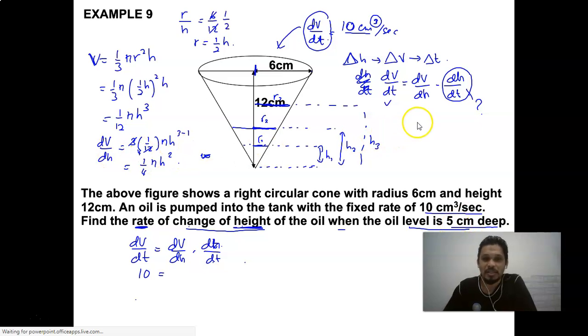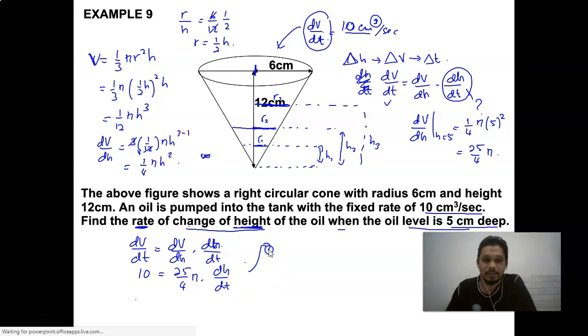So in this case, we come up with dV/dH when h equals 5: 1/4 pi times 5 squared, which is 25 over 4 pi. Again, dV/dt equals 10 here, and dV/dH equals 25 pi over 4, and dH/dt.